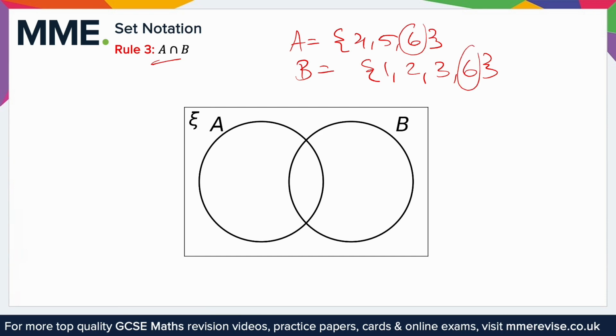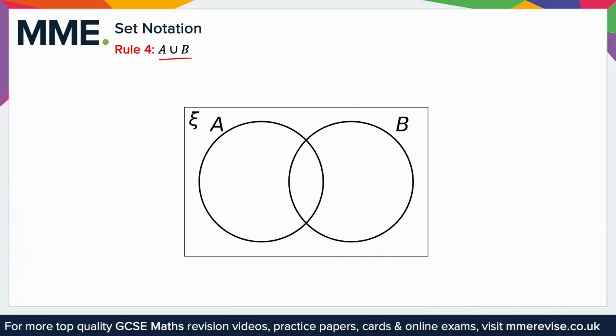So 6 is the only number that appears in both of them. So A intersect B would just be the set containing the number 6. Representing this on the Venn diagram is really easy. It's just where the two circles overlap, this bit in the middle.